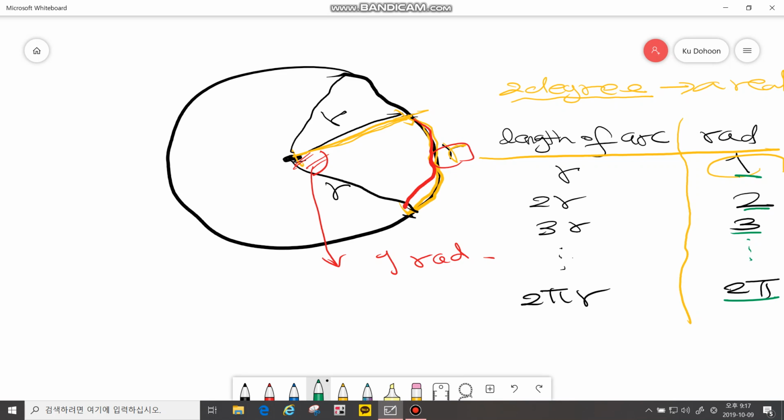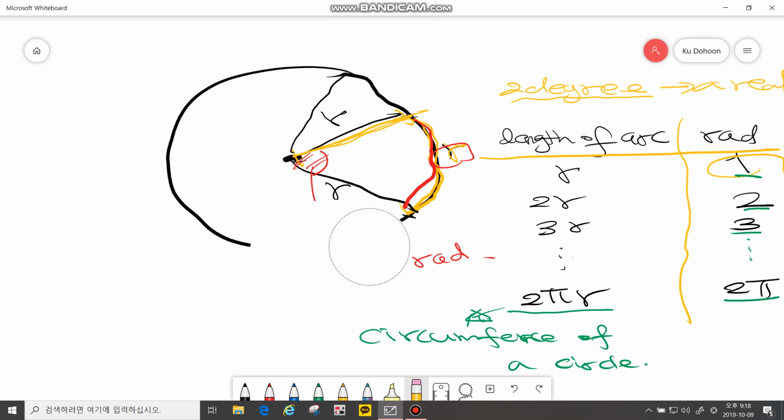But think about it. What is 2 pi r here? 2 pi r here is the circumference of a circle, right? Now you know the definition of a radian.